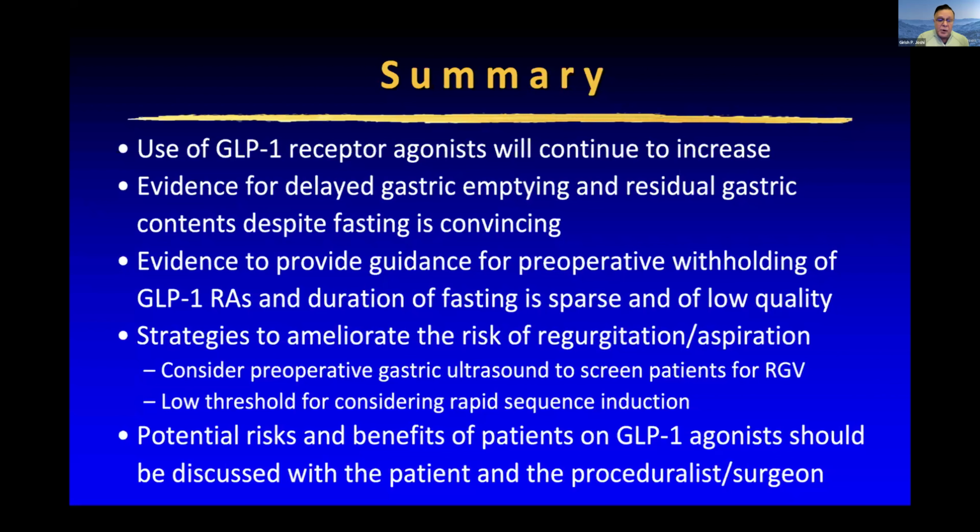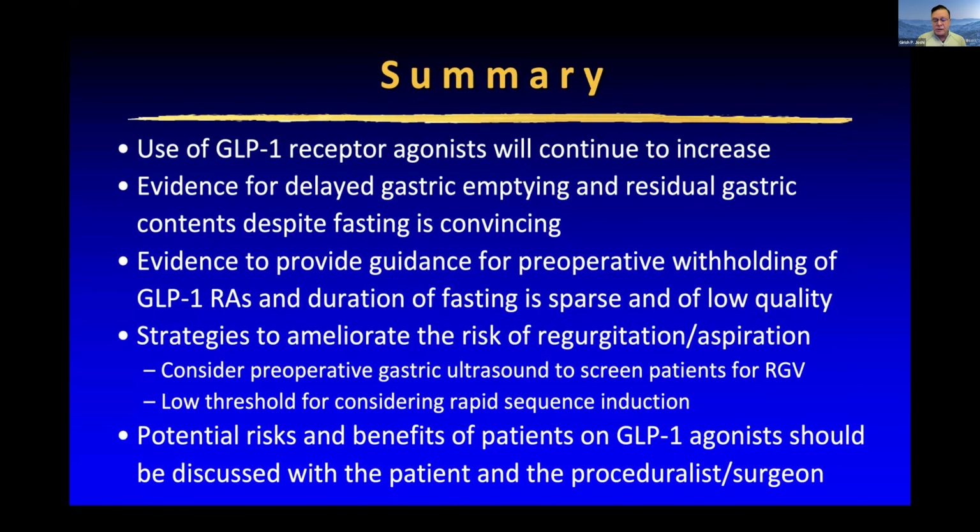So the best approach in my mind, while we get these answers, is when in doubt, one could do rapid sequence induction. And if you're familiar and can do gastric ultrasound, maybe screening the patient's stomach would further help with regards to decreasing the incidence of aspiration.